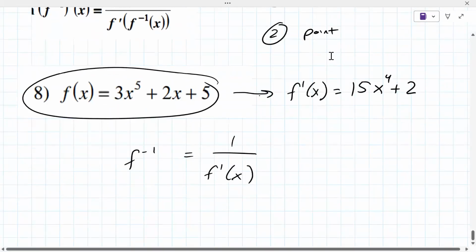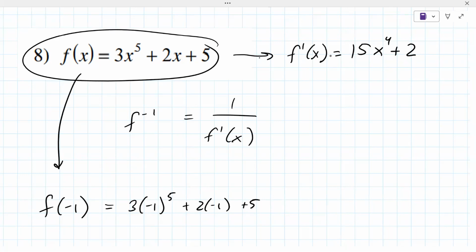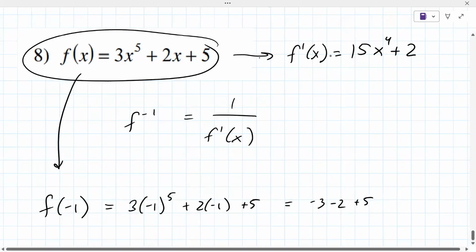Okay. So let's just say somewhere along the line, I say, what is f of negative 1? Could you evaluate this for us, please? Negative 3 minus 2 plus 5.